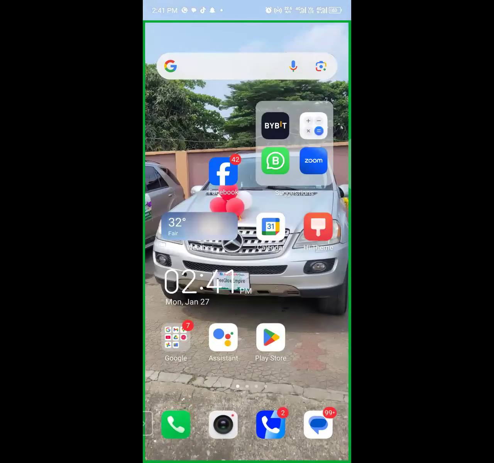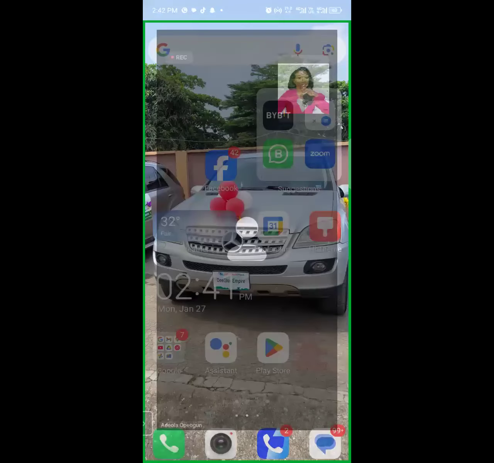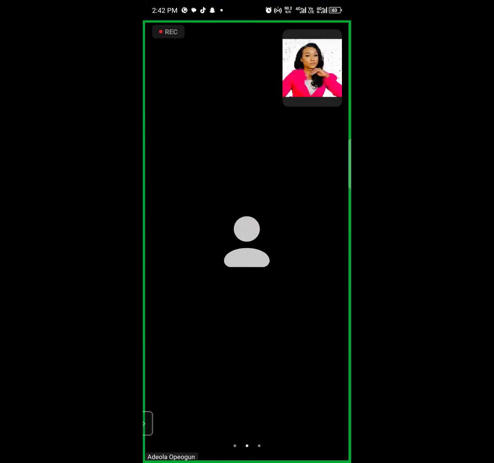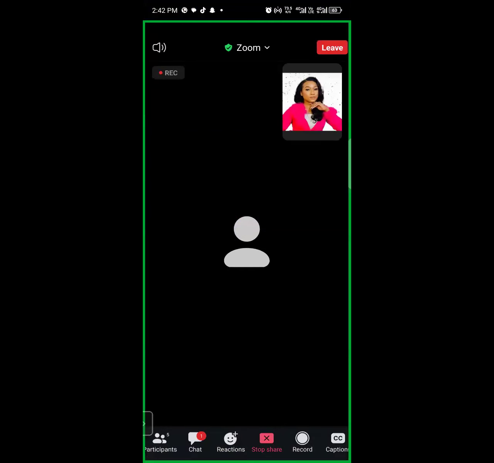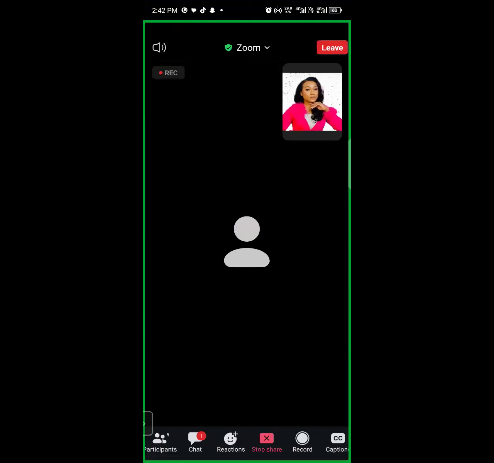Yeah, you're right. Click on the zoom and then stop sharing. Click on the OK. Can you see the stop share below? Tap on your screen.